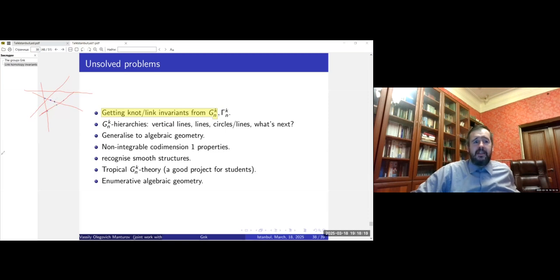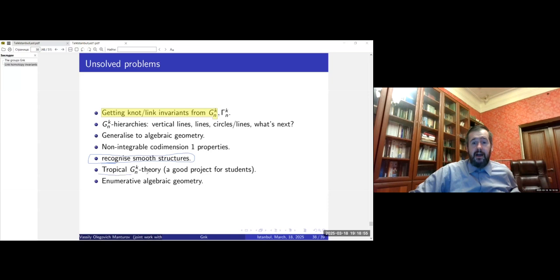But maybe there are properties of points which somehow do not belong to the same fixed number of lines, which are trickier. I don't know. Well, and the same about circles. Well, recognizing smooth structures, it's maybe a dream because it's not yet done for knots. But in principle, we can do it for manifolds.